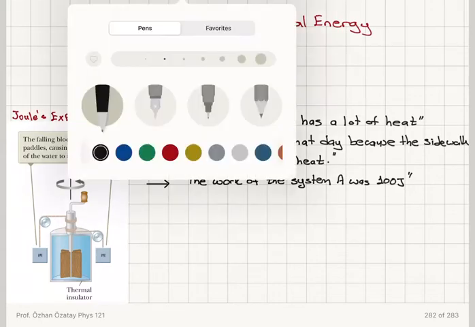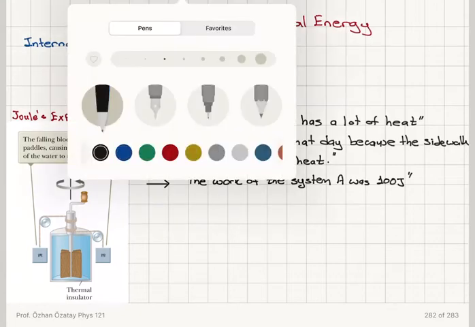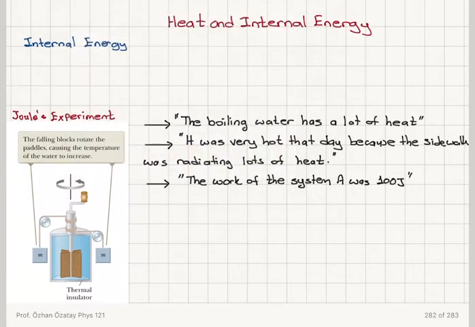So let's define precisely what is internal energy. So internal energy of a system is basically a measure of the total energy. It corresponds to the sum of energy terms from rotations, vibrations, and translations.